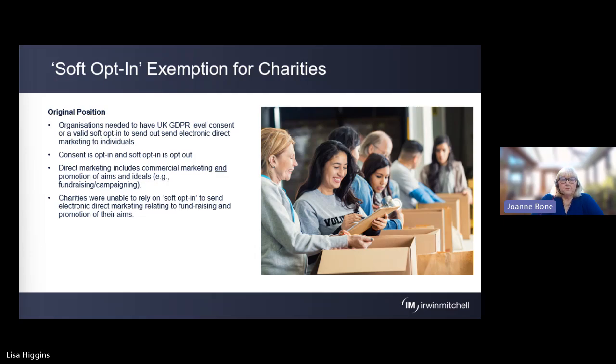Charities, however, could only use consent where we're talking about fundraising and promotion of aims. And as I said, it's not easy to get GDPR level consent. So there's been a discussion of this for quite some time, and the Data Use and Access Act has changed the position in relation to that, as you'll see on the next slide.